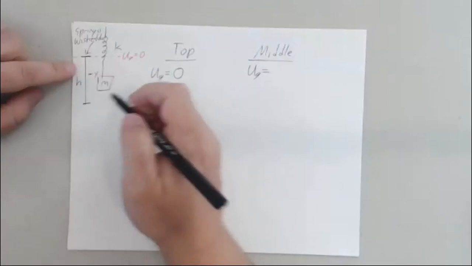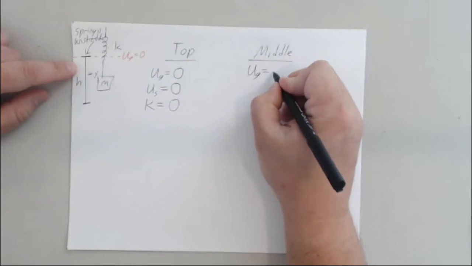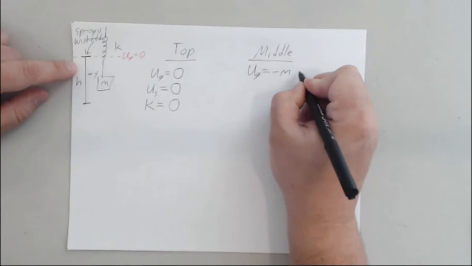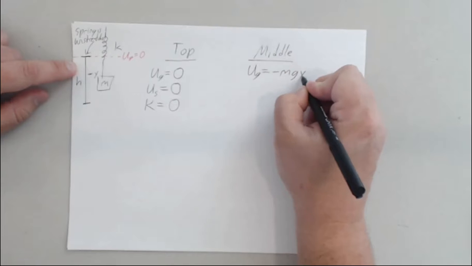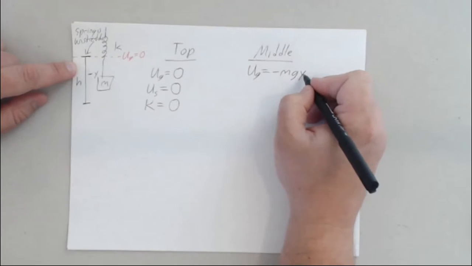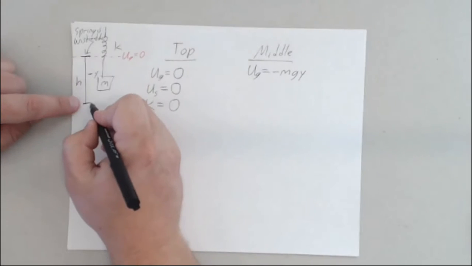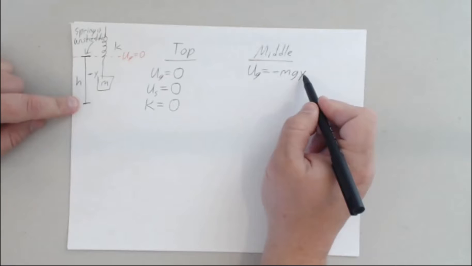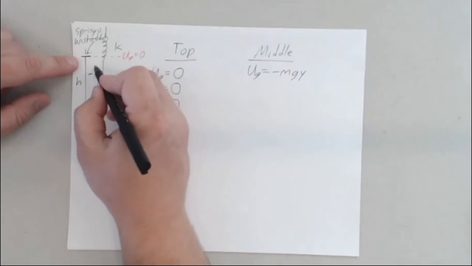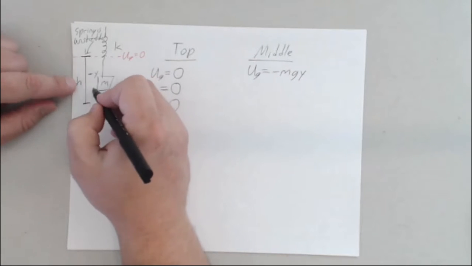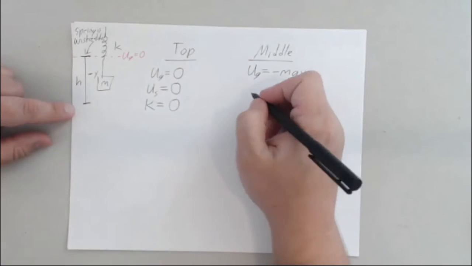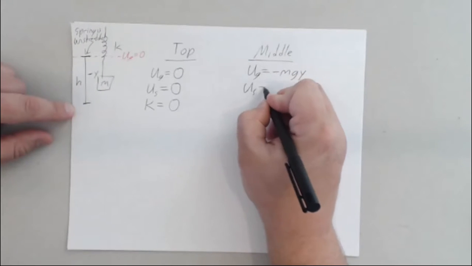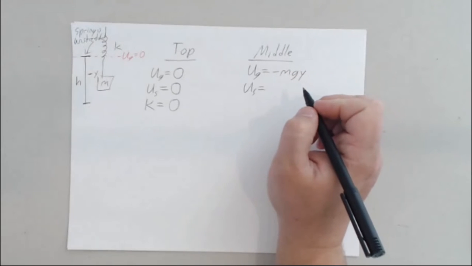Yeah, so we're not all the way at the bottom. So it's going to be negative mgy, right? Because y is going from 0 to h. So as you change y, you just go up and down. Okay, how about our spring potential energy? What's that going to be?